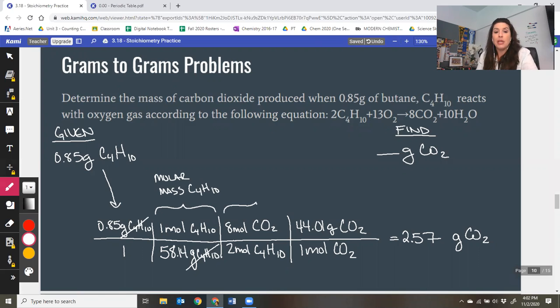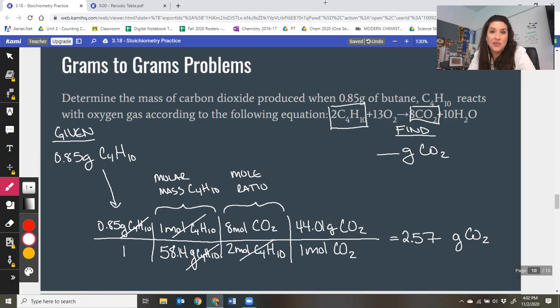In the next step, I used the mole ratio from the balanced chemical equation. That said, 8 moles of carbon dioxide will be made from every 2 moles of butane here. So I chose to put moles of butane on the bottom. And the reason I did that is so moles of butane and moles of butane canceled.